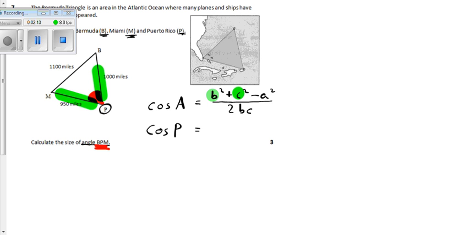So labelling this, opposite M is little m, opposite B is little b, opposite P, little p there. So my 2 enclosing sides, b squared plus m squared minus, now big A is opposite little a, so similarly opposite big P to little p, all over 2bc, the 2 enclosing sides, 2bm.